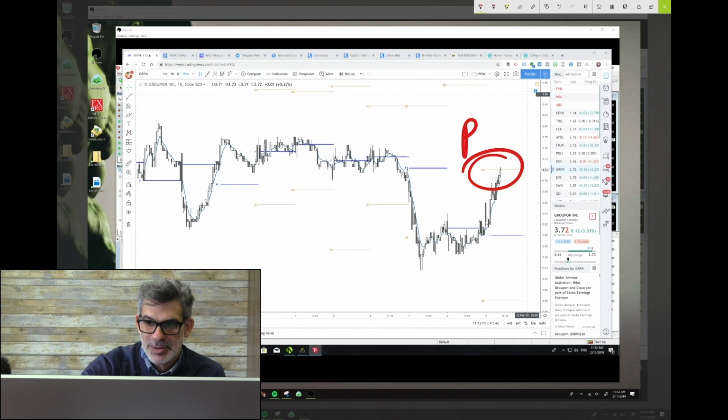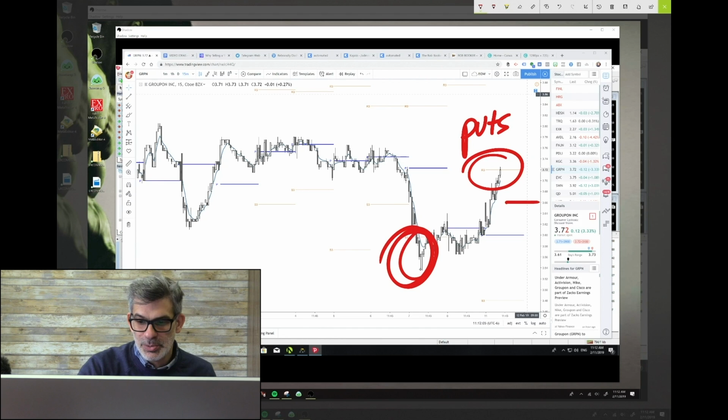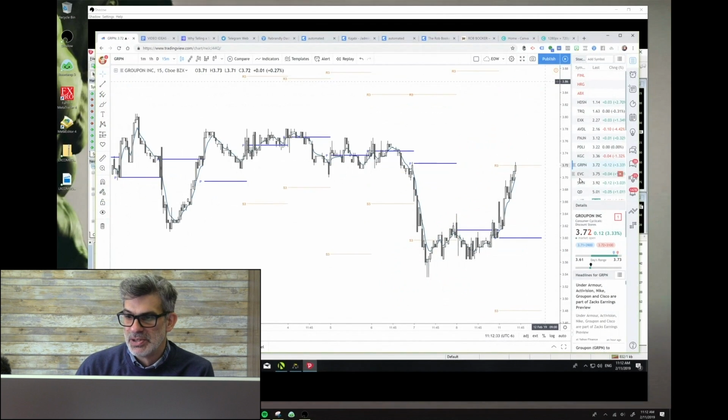But I like puts on Groupon with like a $3.60 strike and an expiration of Friday. You could see here just the other day, we hit S3 and we popped up really nicely. I like that. I'm not going to take the trade because I'm here together with you, but I think that's a really good look at what this looks like across the board, no matter what financial instrument you like to trade, no matter what financial instrument you like to look at.